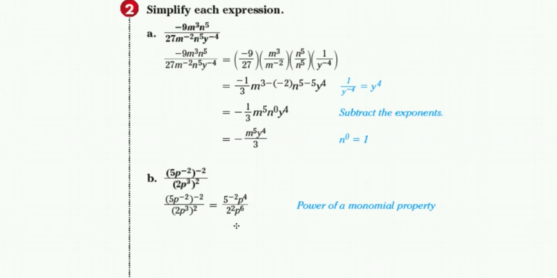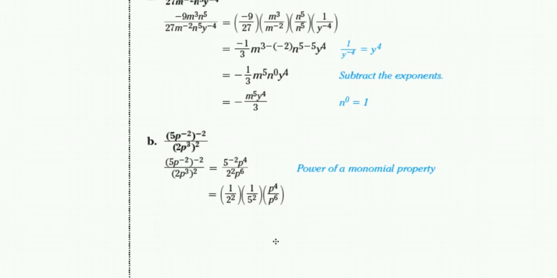And then this is where we break it apart. We have 1 over 2 squared, and we know that 5 to the negative 2 is the same as 1 over 5 squared. And we have a common base of p, so this is p to the fourth over p to the sixth power.